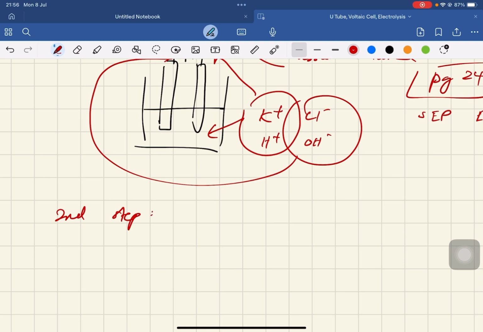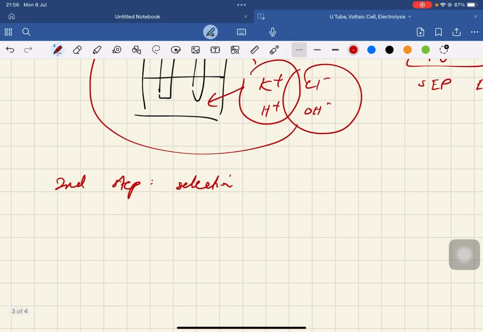So we go on to our second step, the selection of ion. You know that K plus and H plus are going to the cathode, correct? At the cathode, between potassium and hydrogen ion, we need to choose the one more positive. We just divide into 2 parts, cathode and anode. The cathode is the negative terminal and the anode is the positive terminal.